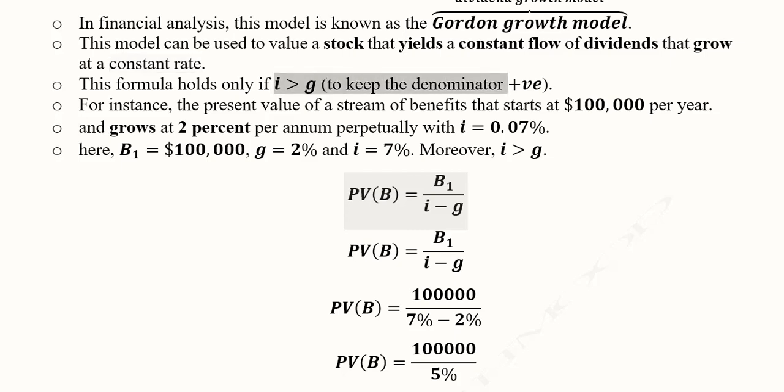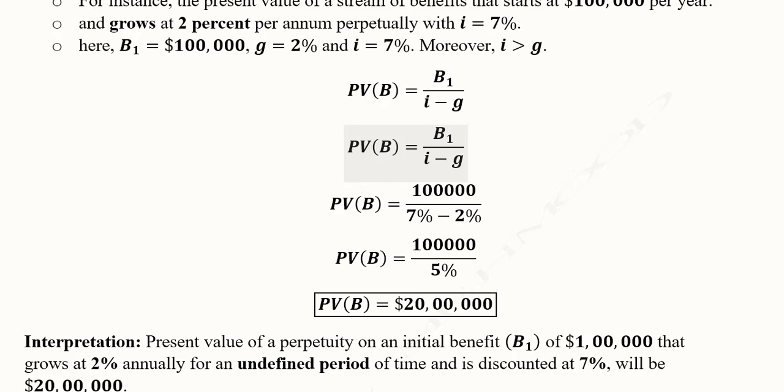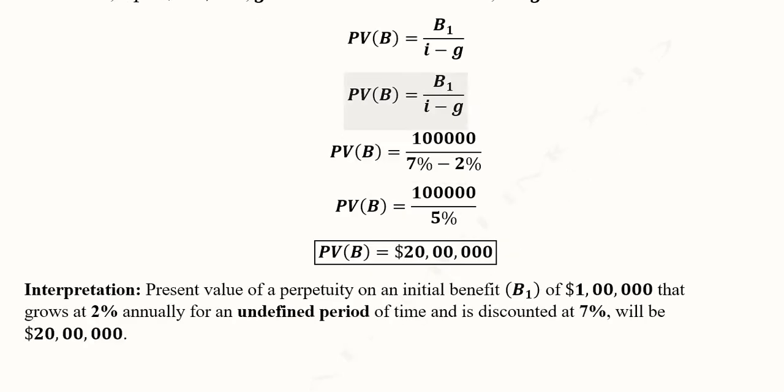And now we turn to the example which is here, that is $100,000, and it is growing at 2% per annum, and the discount rate is 7%. And definitely there is no time in this case because it is undefined. So these are the values that we substitute here, and the substitution after solution gives us this answer, that is this much.